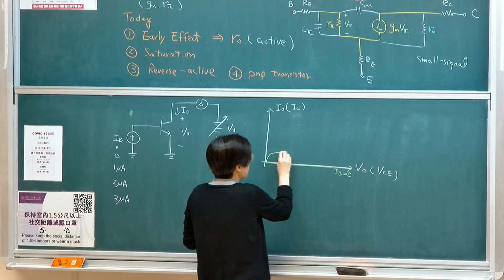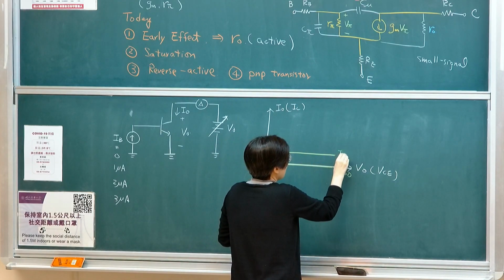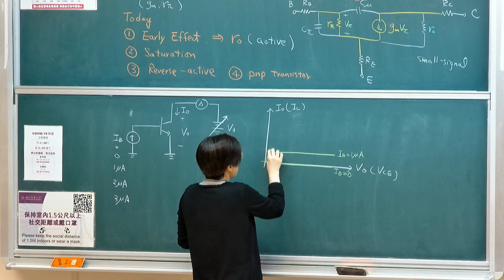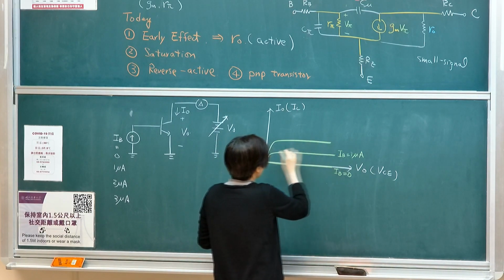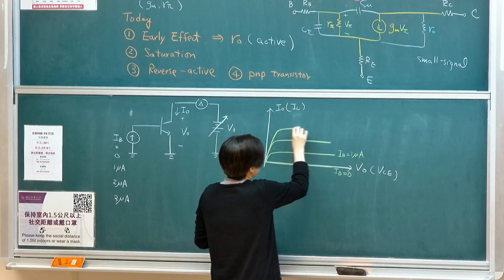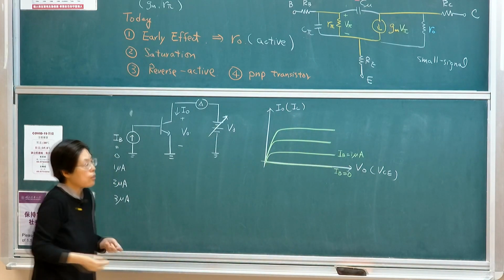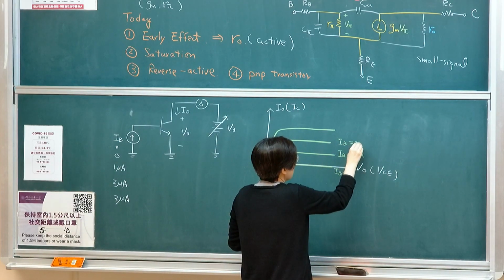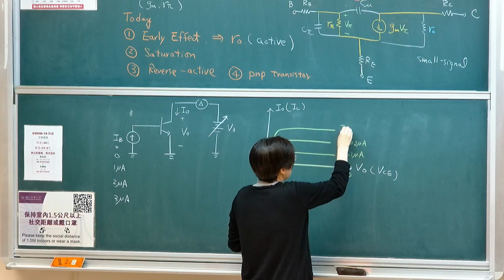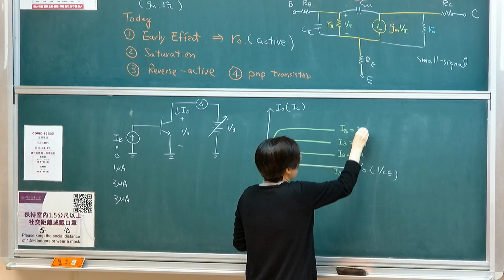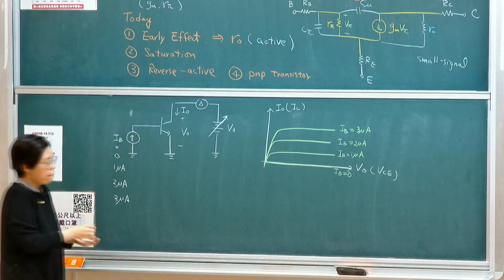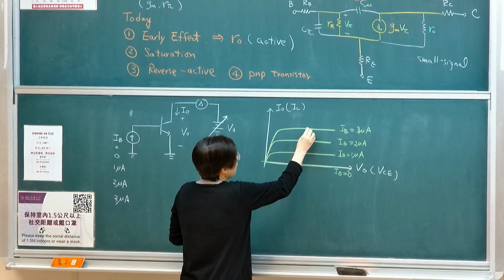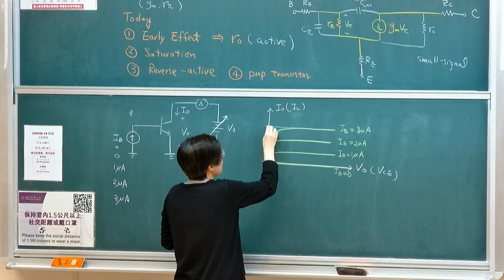Then if I increase it, I'm expecting this would rise to IB equals 1 microamp. So I should get something like an equal step, because I'm stepping the base current by the same increment. Okay?